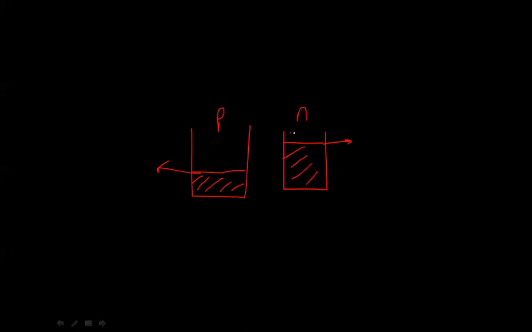After joining the materials, we know the electrons are going to flow from n region to p region because of diffusion. In the classical analogy, I am joining these two beakers using a pipe. Then the water will flow from the n beaker to the p beaker, until the water levels are equal in both beakers.